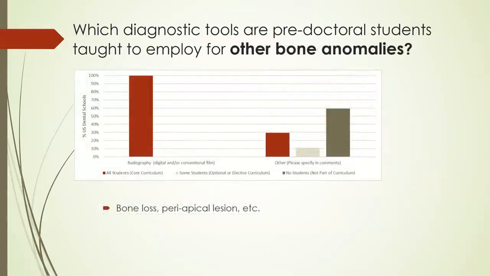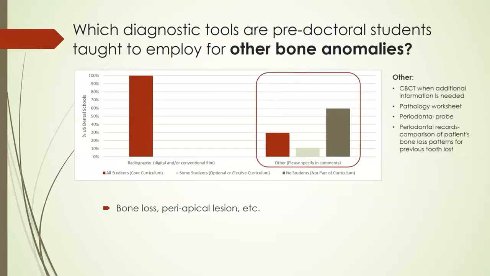And finally, our survey asked which diagnostic tools are predoctoral students taught to employ for evaluation of other bone anomalies, such as bone loss, periapical lesions, etc. Responses indicate that 100% of the schools use radiography for this application. In addition, 7 survey participants stated that they also teach students to utilize CBCT when additional information is needed.